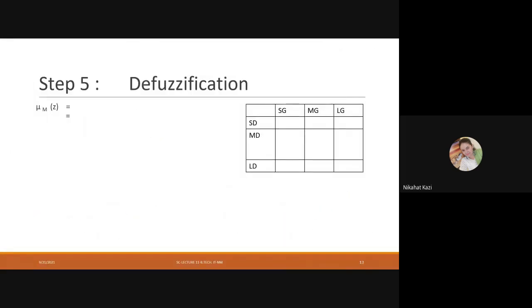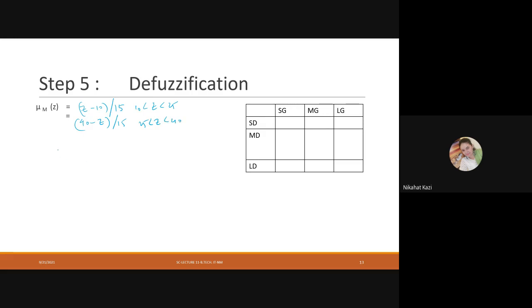So the first one will be Z minus 10, that is one equation, divided by 15. And the second equation is 40 minus Z divided by 15. These are the two equations. Z is between 10 to 25 and Z is between 25 to 40.